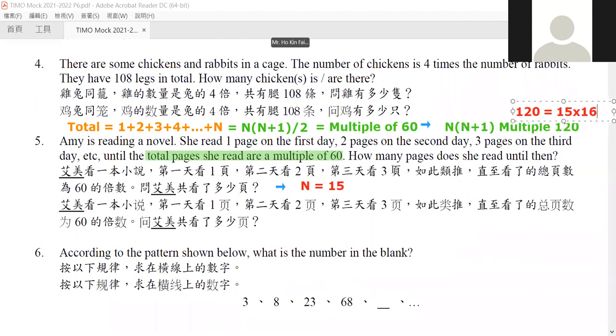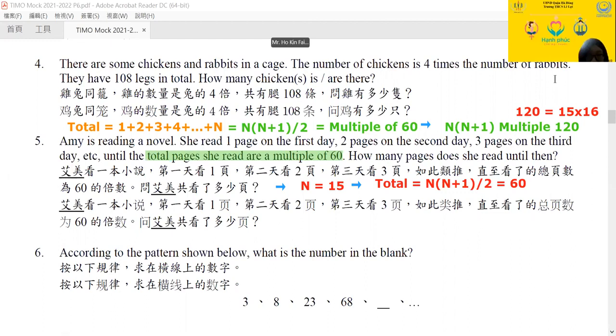So you immediately see that the smallest n is 15, and hence our total will be n times n plus 1 divided by 2, which equals 60. So 60 is the total number of pages. So this is question number 5.